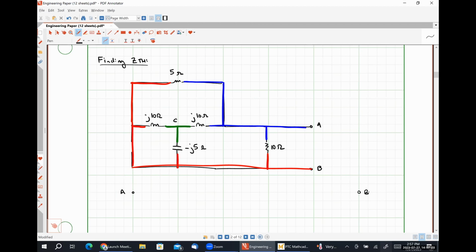All right, so directly between A and B, I have a 10 ohm resistor. So that's this guy right here. Directly between A and B, I have a 5 ohm resistor, which means that 5 is just in parallel with this guy. That takes care of this.